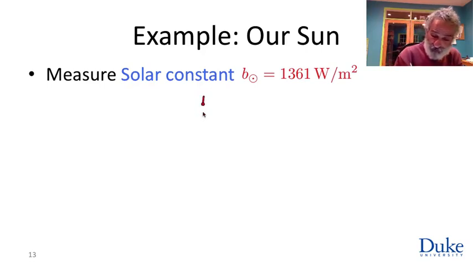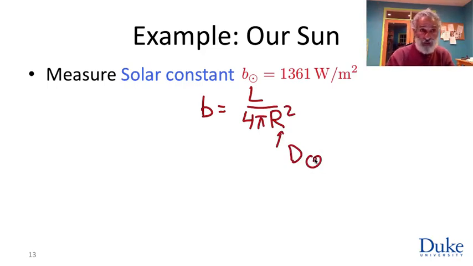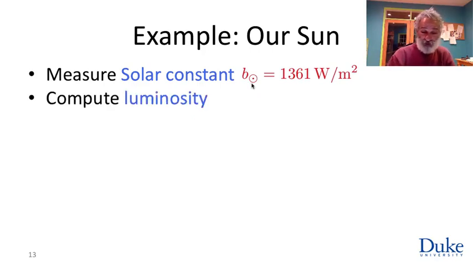Remember, we had that B, the brightness, is the luminosity divided by the area of the big ball, whose radius in this case is the distance to the sun, or 1 astronomical unit. And so we can solve this. We know the brightness, we measured it. We know the distance. We can write an expression for the luminosity, and it's 4 pi times the distance to the sun squared times the brightness of the sun.